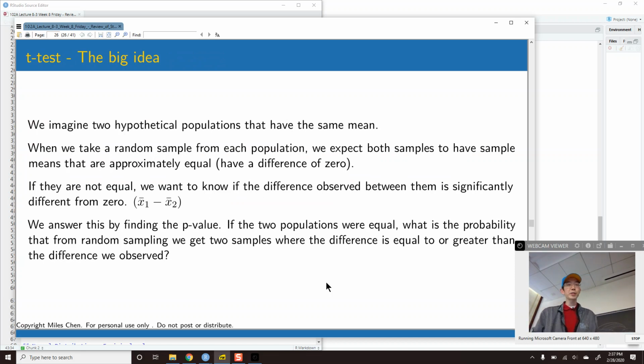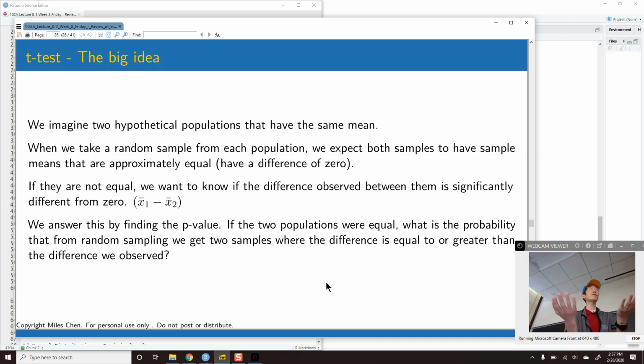Okay, and so here, what we do is we imagine two hypothetical populations. These two populations have the same mean, right? And when we randomly take samples from each population, if this hypothesis that the populations have the same mean were true, I would expect my random samples to have the same sample mean, or something close to each other.